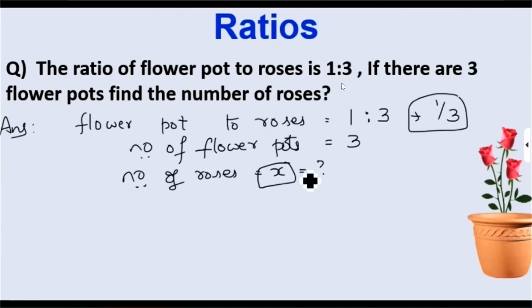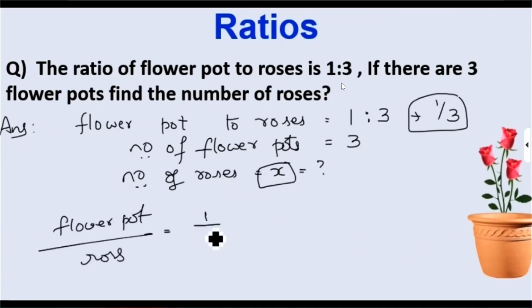So we have 1 by 3, that is flower pots to roses. Now flower pots is 3 and number of roses is x. We had assumed this.